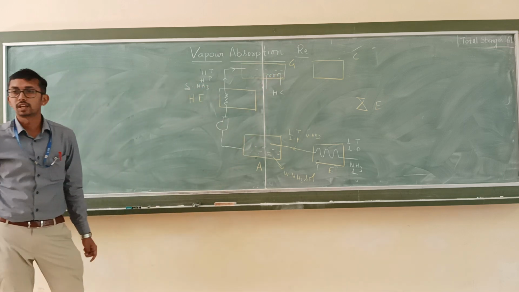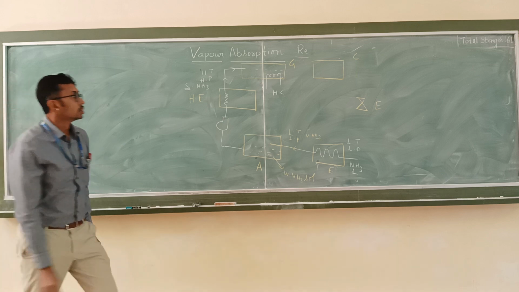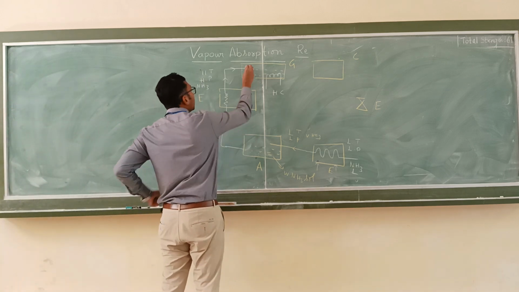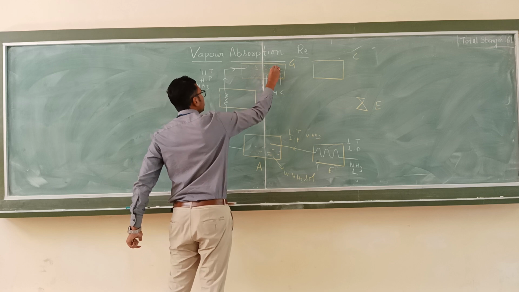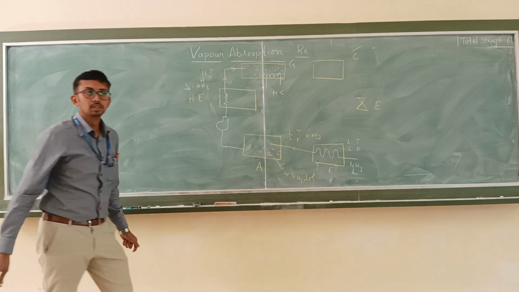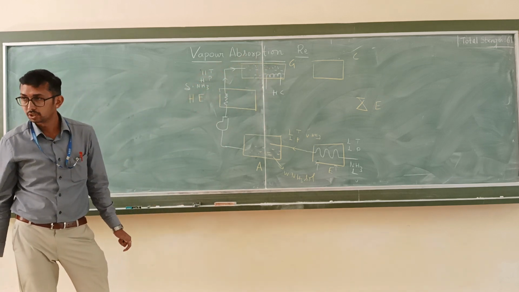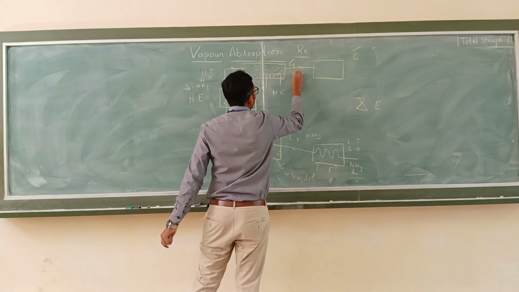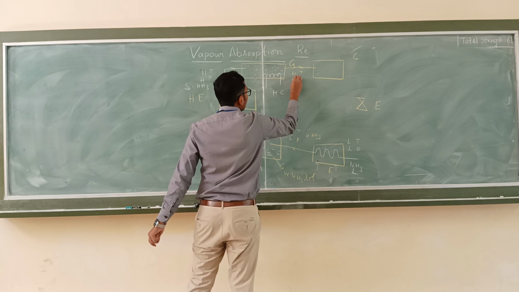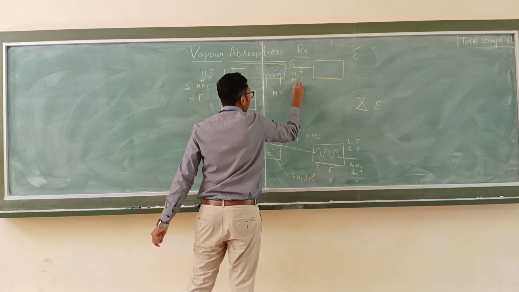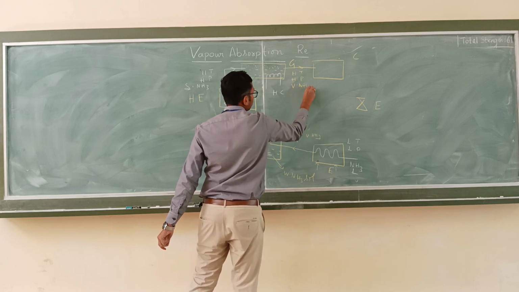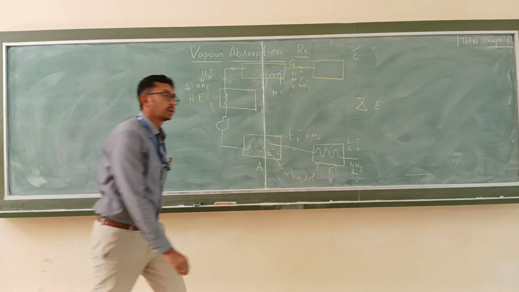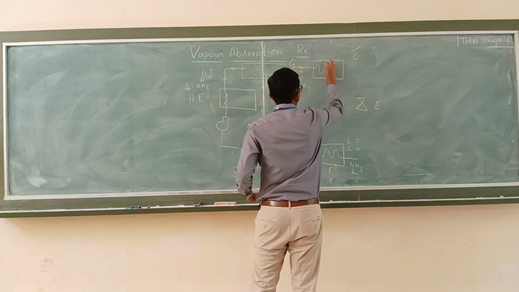The vapors of ammonia are produced. This high temperature, high pressure vapor ammonia is passed to the condenser.